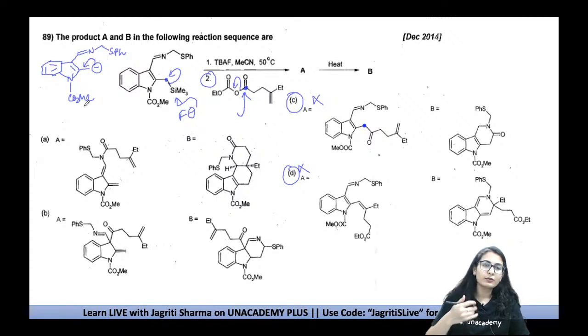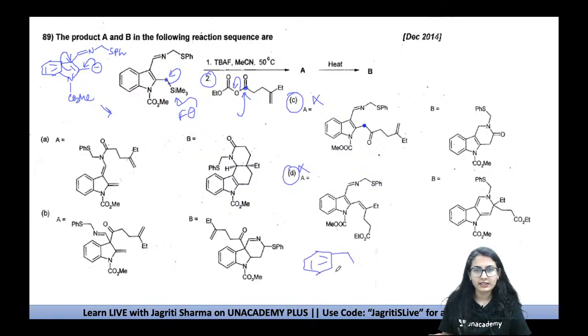If we do resonance further, then the negative charge can stop at this carbon also, isn't it? Let's say the intermediate is like this, CO2Me, and there is a double bonded nitrogen, SPH.